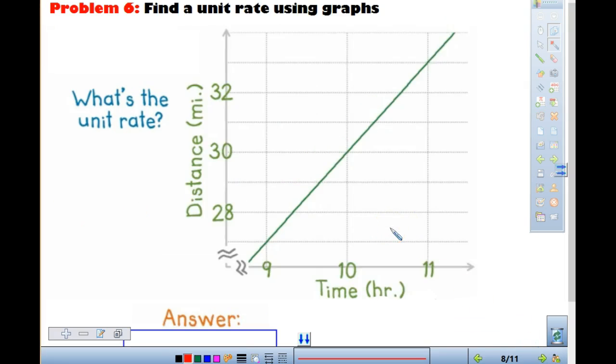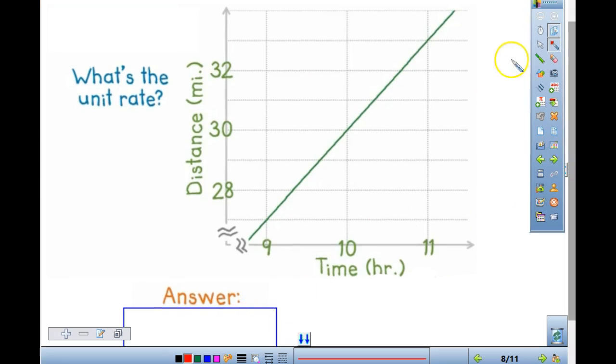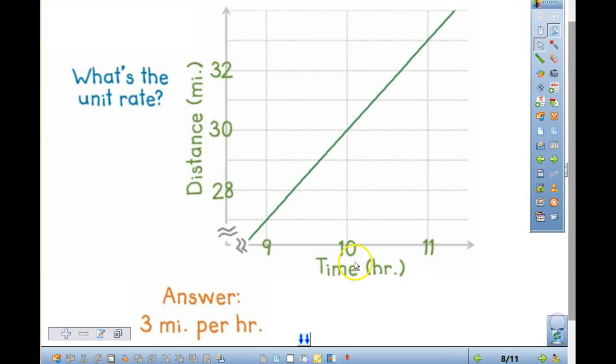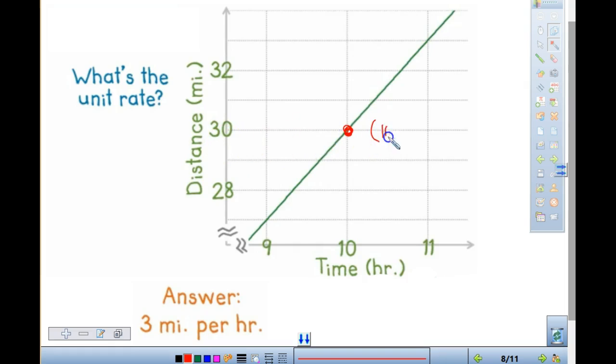On the top of page 8, we have a broken graph. And they said, when you have this broken graph, you cannot tell exactly where 1 is. So what you have to do is pick a point. And they picked this point right here as we were looking at this one. So if we are looking at this point, what I asked you to write down is the ordered pair, 10, 30.